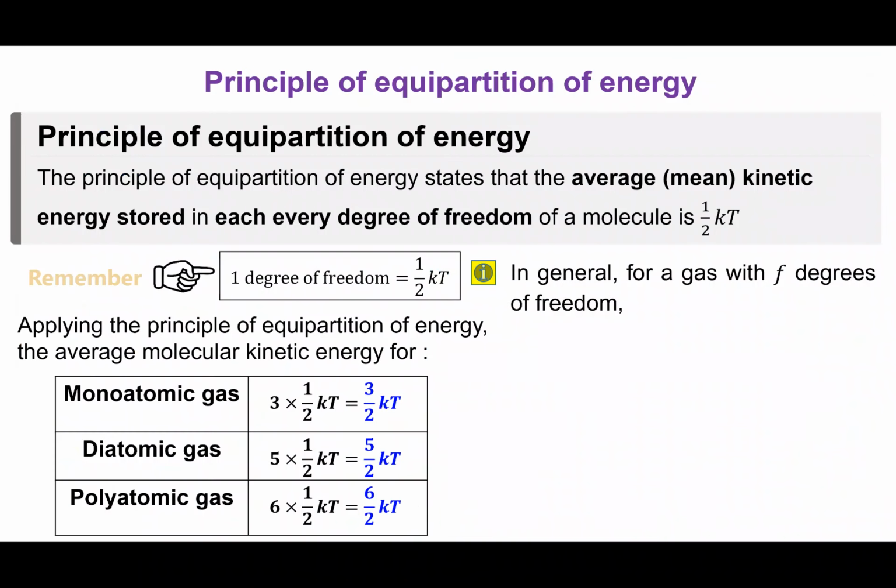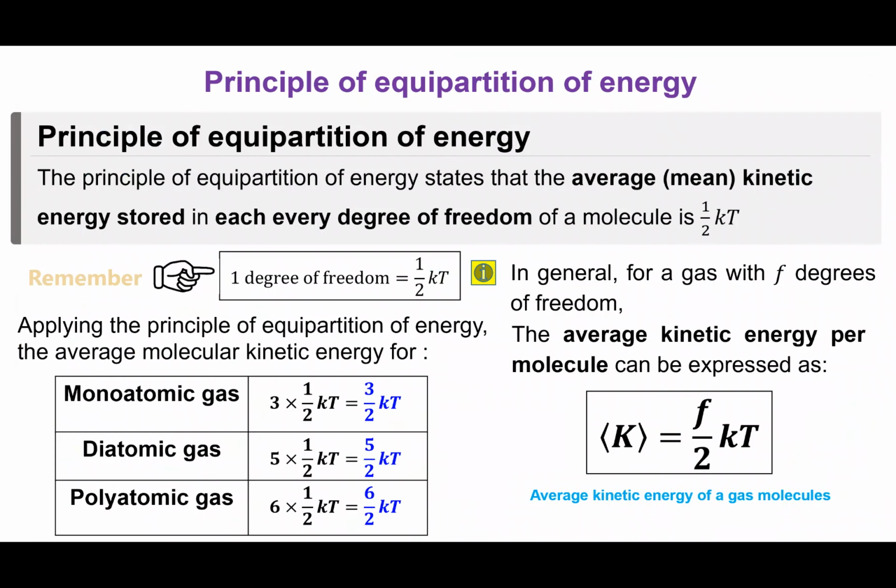Okay, what is the equipartition of the energy? Okay, tadi kita ada ceritakan setiap pergerakan ataupun orientations of the motion of gas molecules, dia ada stored kinetic energy which is half kT. So, principle of equipartition energy itulah yang mengatakan bahawa average kinetic energy stored in every degree of freedom in molecules is half kT. So basically yang half kT tu adalah disebabkan oleh this principle of equipartition energy.